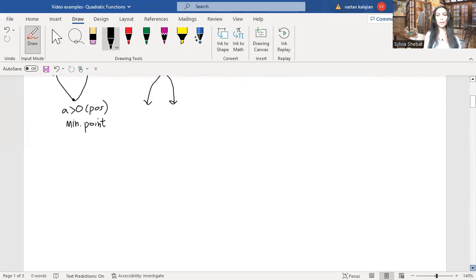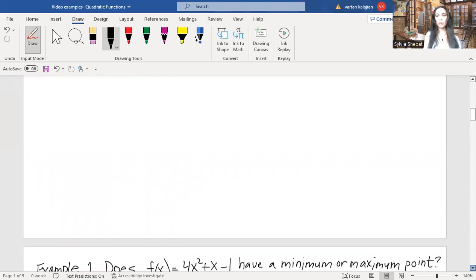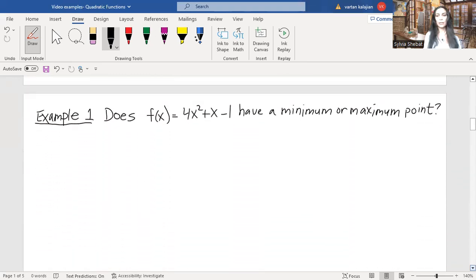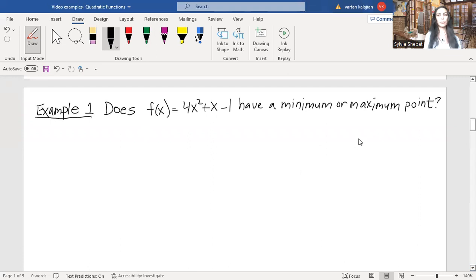Okay. So I'm going to do a couple of examples now regarding minimum and maximum points. Example 1, does f of x equals 4x squared plus x minus 1 have a minimum or maximum point? Well, first, it's very important that we identify what the a, b, and c are in this situation.